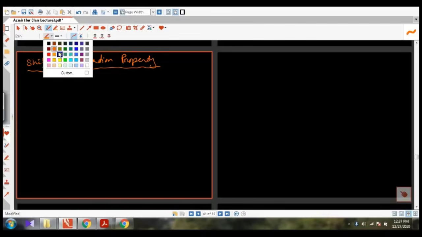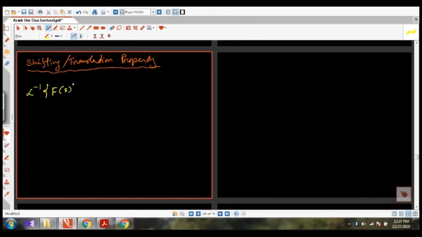So you might remember that if inverse Laplace transformation of F(s) is small f(t), we don't have any doubt here. So what if we have inverse Laplace of F(s - a)?